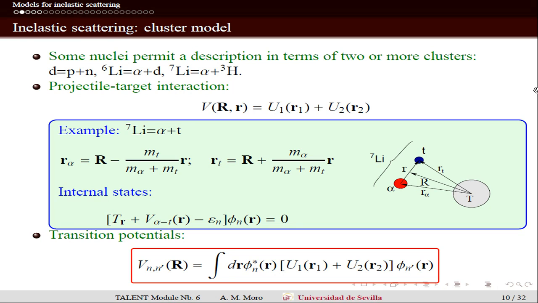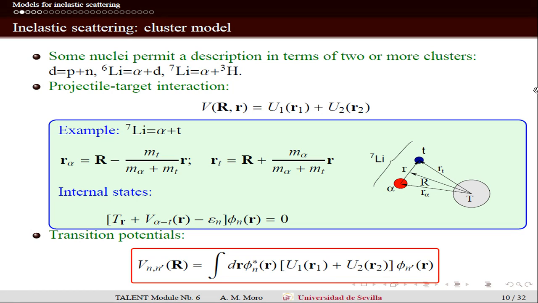So the idea is that in many systems, and probably the simplest one is the deuteron, it makes sense to think of this system as a combination of several clusters. Each cluster is well bound, so it's not very much excited during the reaction, but the clusters are weakly bound to each other.